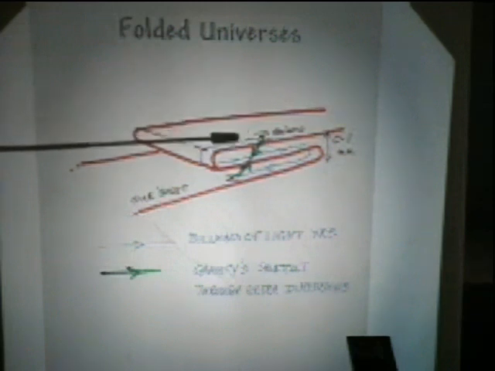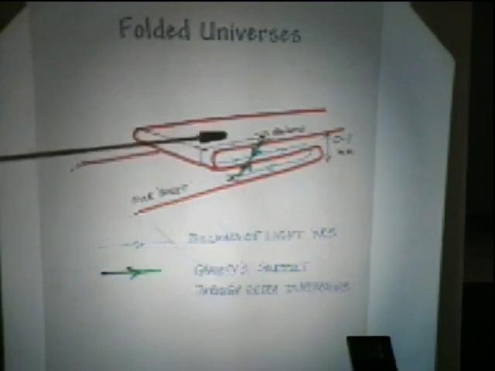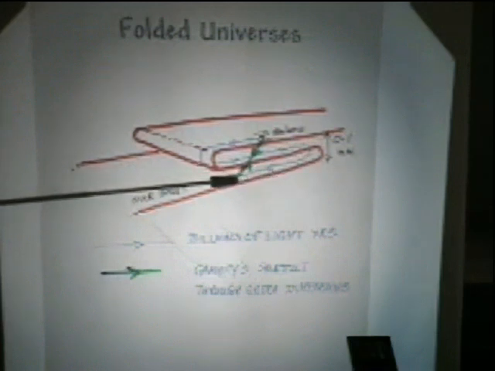Now, what happens when light is emitted by this galaxy to our telescope? Well, the light path has to remain on the brane sheet, and so it takes this long, tortuous path to our telescopes through space, all the way along the brane surface. But gravity doesn't have to do that.